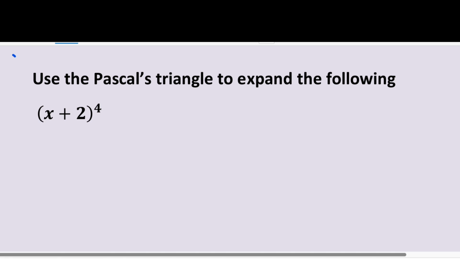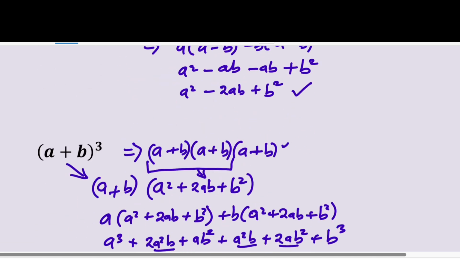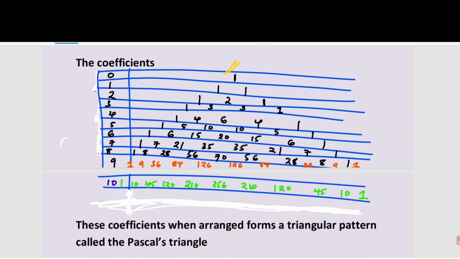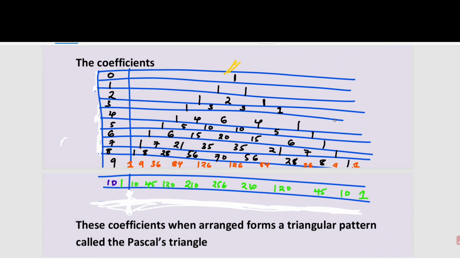Now this is very simple. From the table that we had just drawn, the following are the coefficients. When we talk about power 4, the coefficients are 1, 4, 6, 4, 1. So we are going to draw a table like this, and then we have 1, 4, 6, 4, 1.